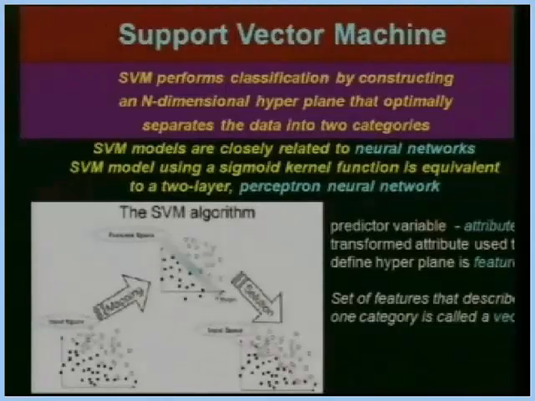The key here is that the non-linear decision boundaries formed in a neural network classification method get converted into linear decision boundaries when you project into higher dimensional space. It uses sigmoid kernel functions, which is equivalent to a two-layer perceptron neural network option.